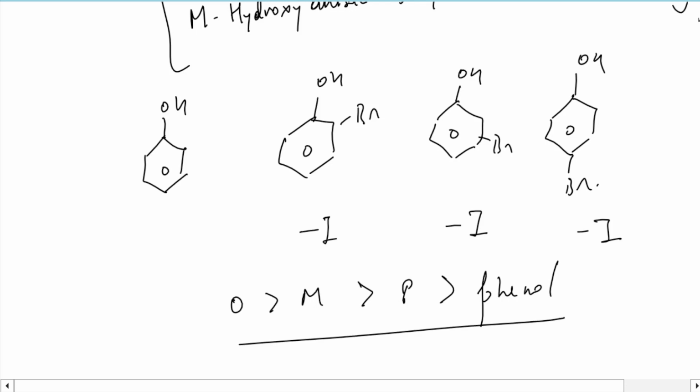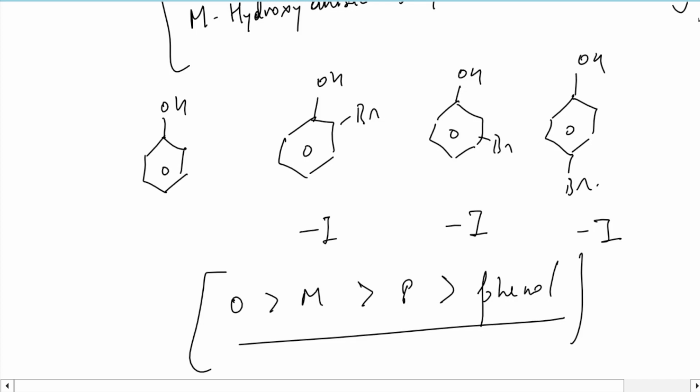We must remember, in case of halogens, the orientation is decided by resonance effect or mesomeric effect.